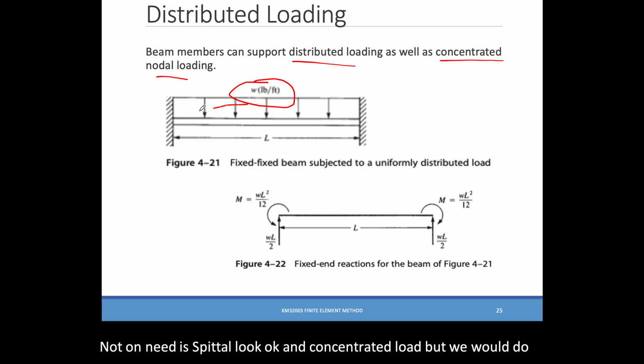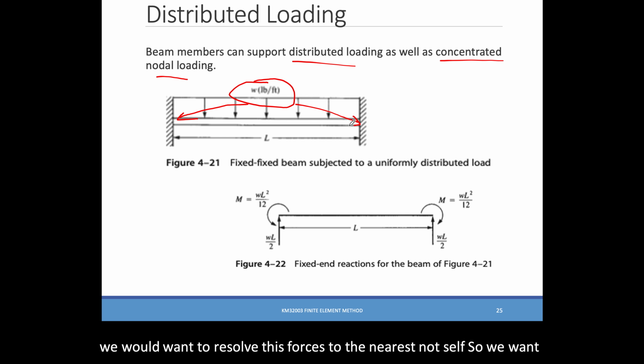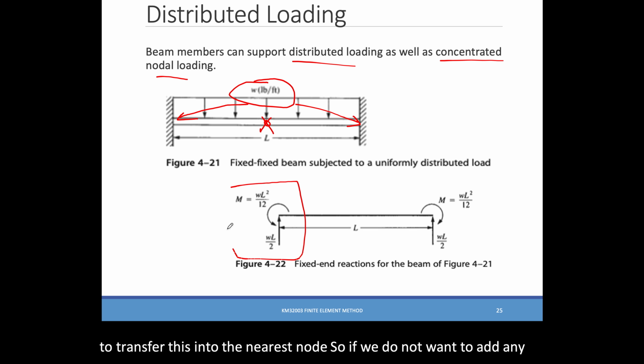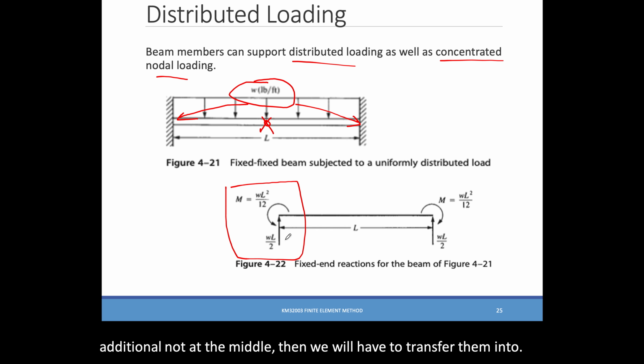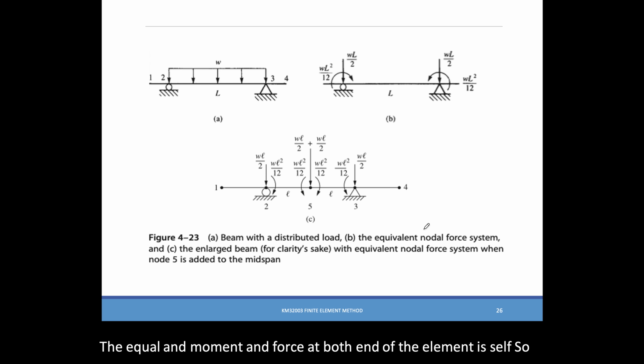So we would want to transfer this into the nearest node. If we do not want to add any additional node at the middle, then we will have to transfer them into the equivalent moment and force at both ends of the element itself.